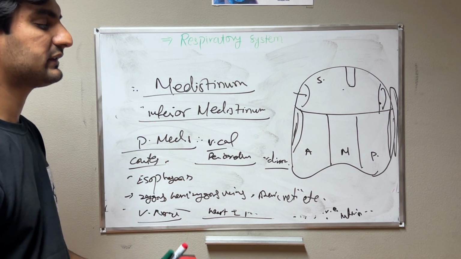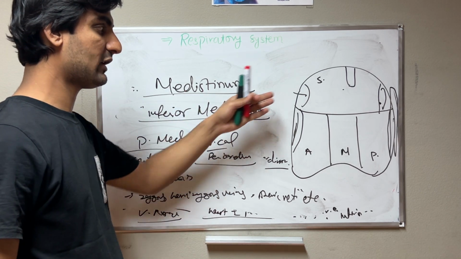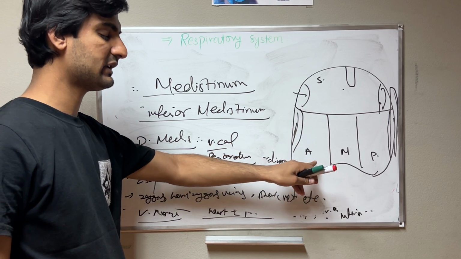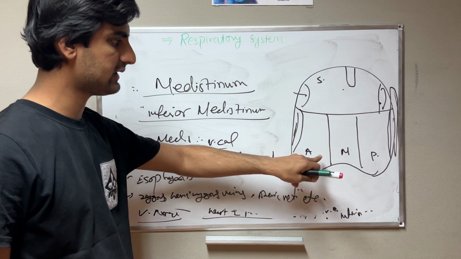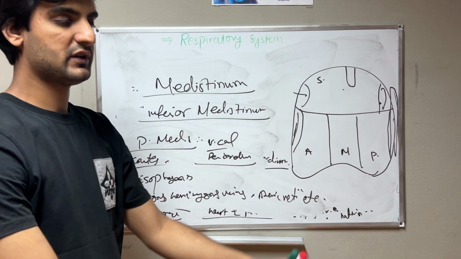Just remember the large blood vessels. These are the mediastinum. We have superior and inferior mediastinum. The inferior is also divided into three other mediastinums: anterior, middle, and posterior. This is a little bit of information about the mediastinum.